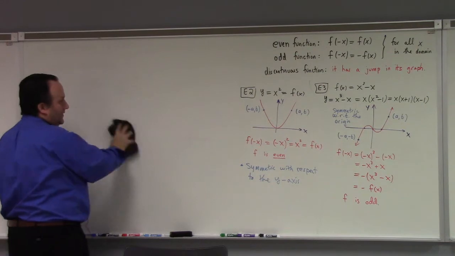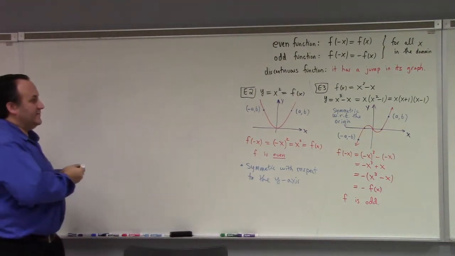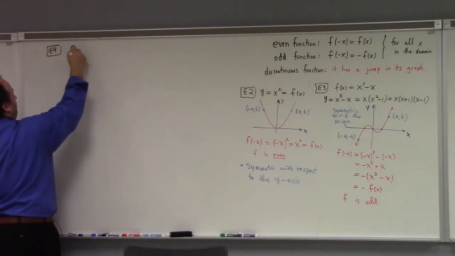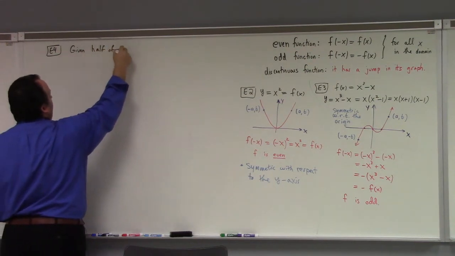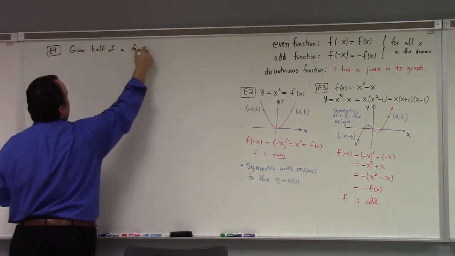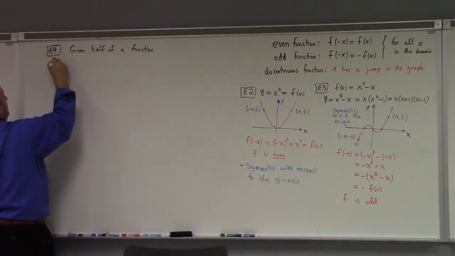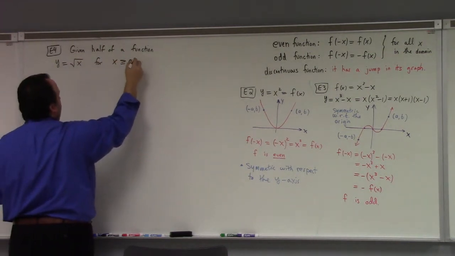Let me show you another example with even and odd. This one's a little bit more creative here. Example 4. You're given half of a function, namely, y equals the square root of x for x greater than or equal to 0.